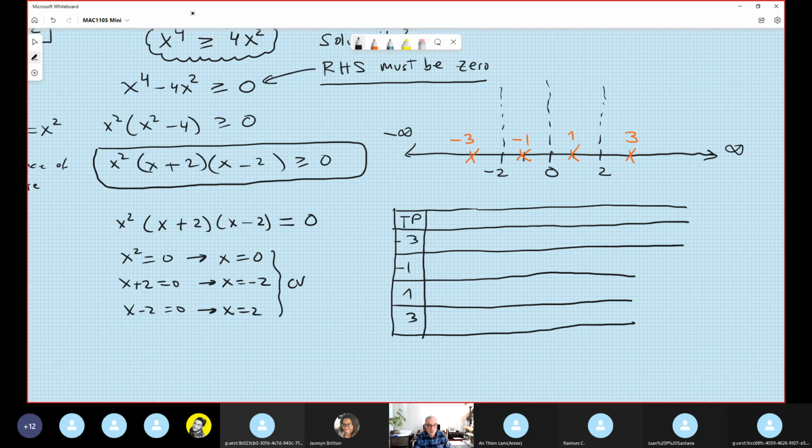And the factors in our problem are x squared, x plus 2, x minus 2. And don't forget the extra column, the test one. Okay. This is the idea.